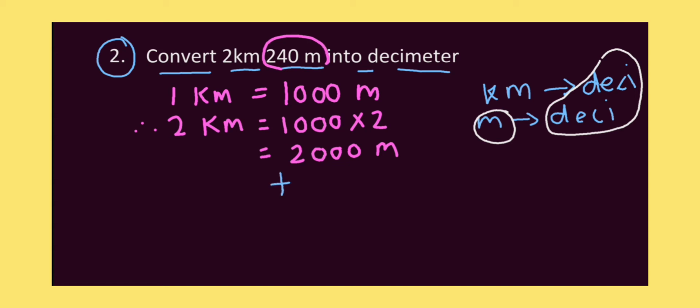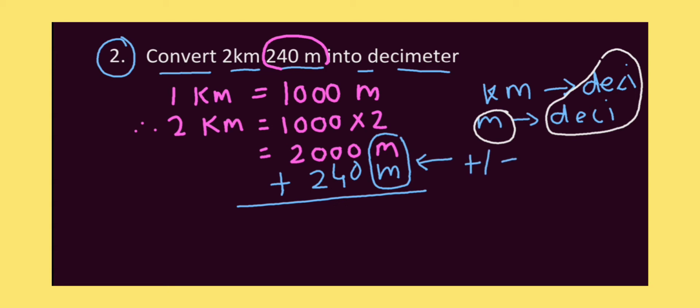See, we can add only similar units. When units are similar, only then can we add or subtract. If they are not similar, like in the case of kilometer and meter, then we cannot add or subtract. So here, first we convert everything into meter, then we do the addition and put the common unit. This is the first step of your question.